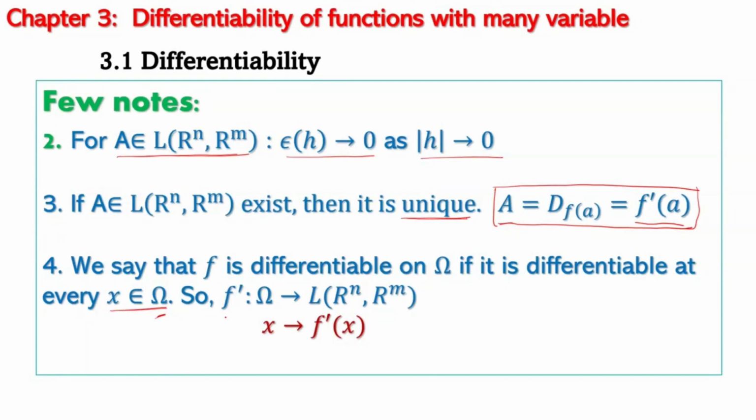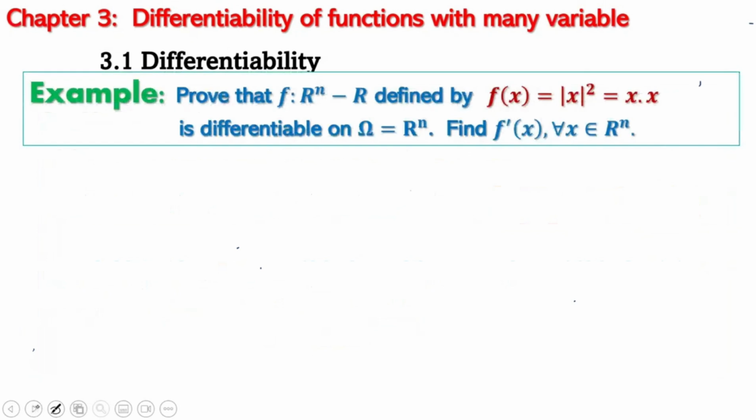Then the new function f dash is a function from omega to the linear maps from Rn to Rm, defined as x goes to f dash of x. So this is about a few facts on the differentiability of functions.